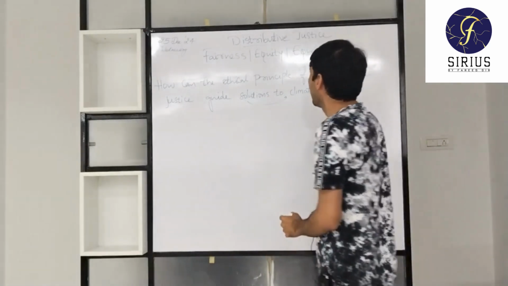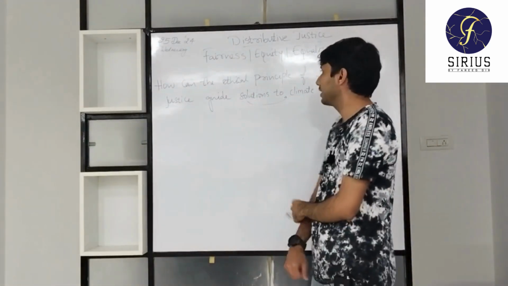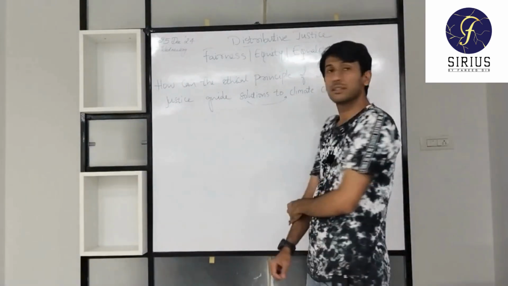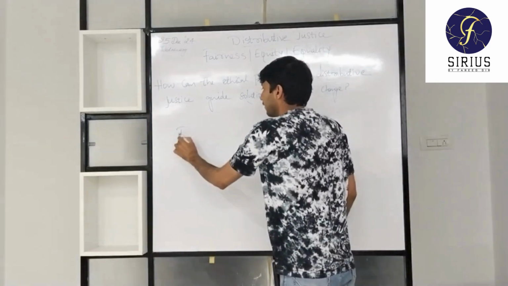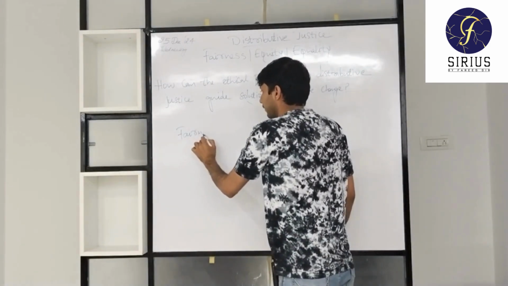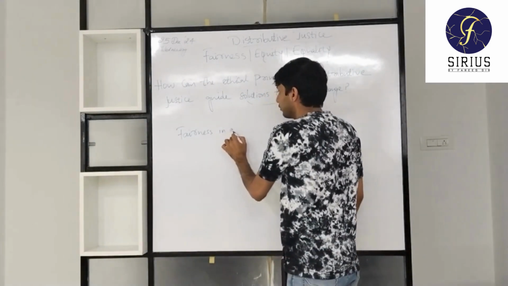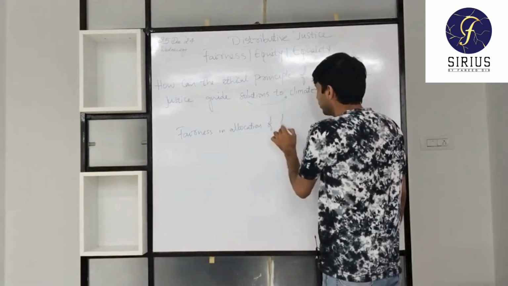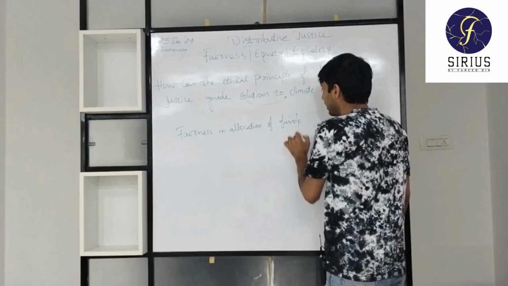So with respect to climate change, what principles of distributive justice can guide? We can start with fairness in allocation of funds, because this is one major issue that is happening.